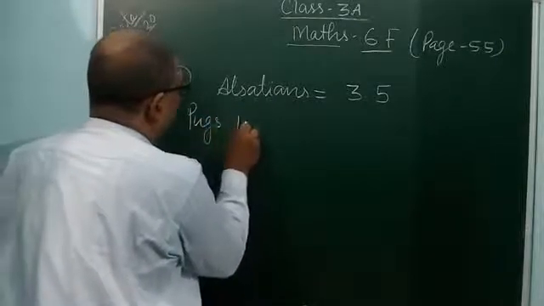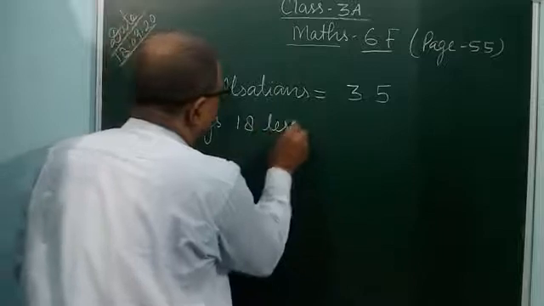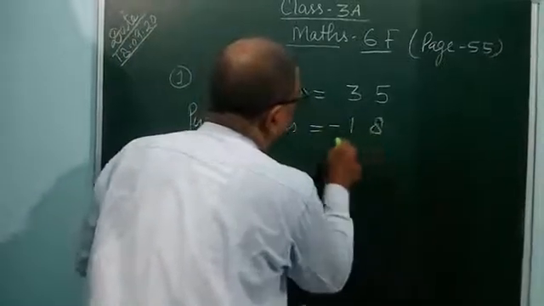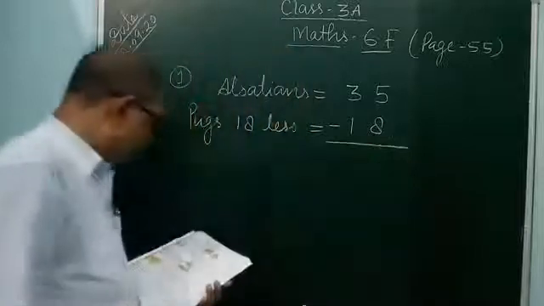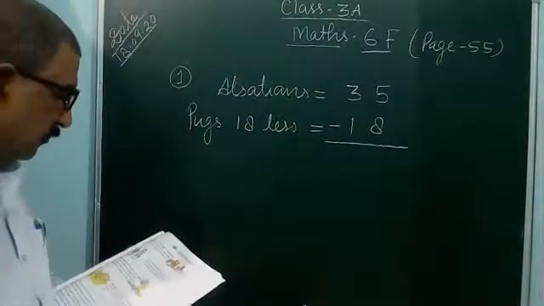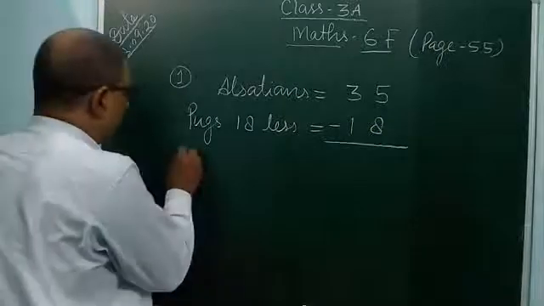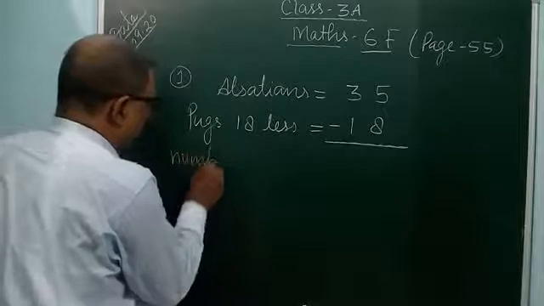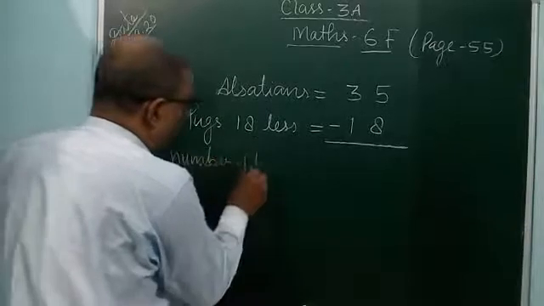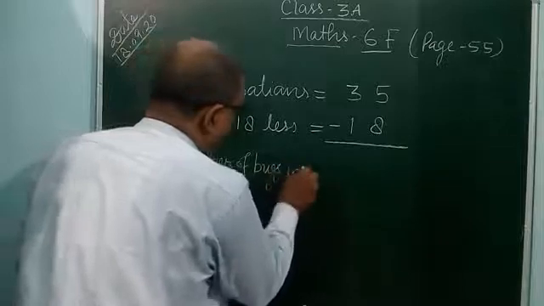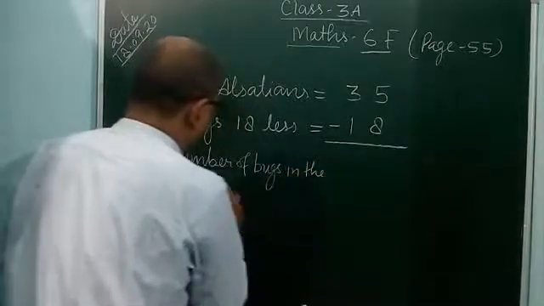Pugs 18 less. 18 less means minus 18. After that, how many pugs were there at the show? Number of pugs in the show.